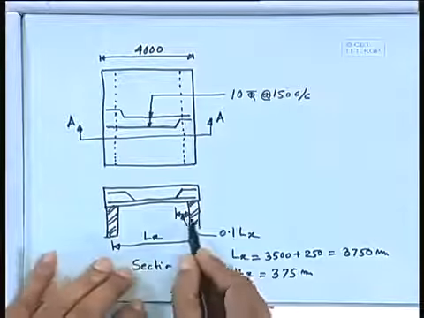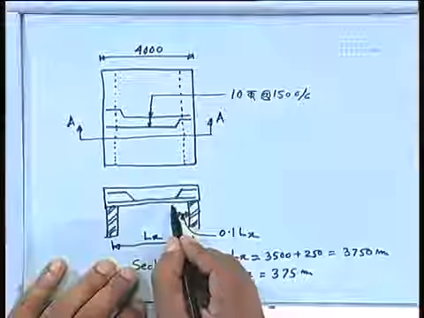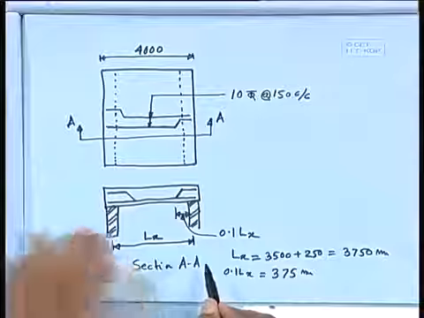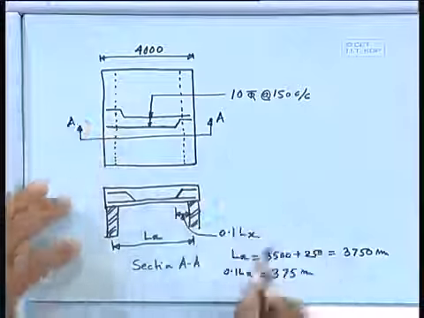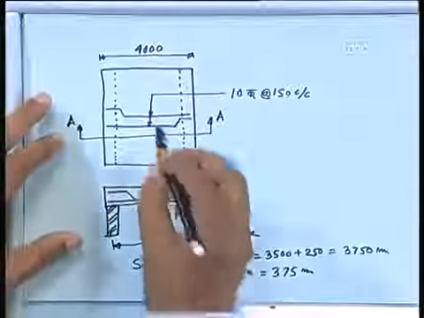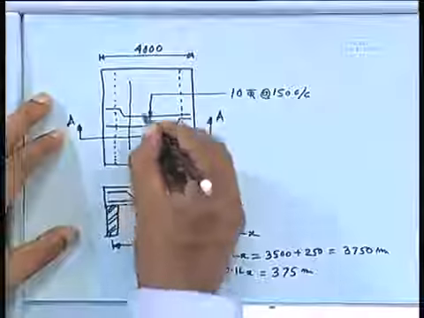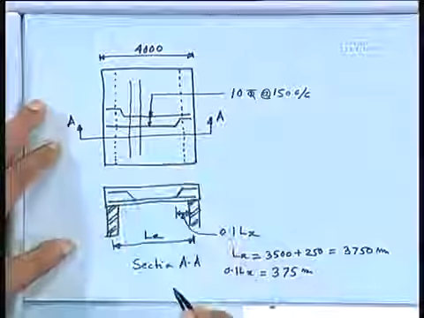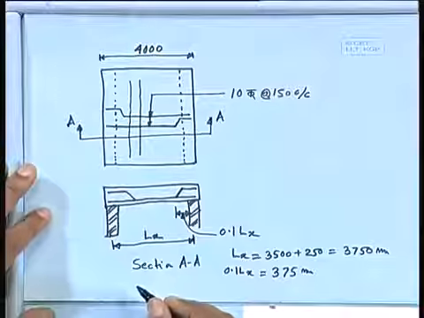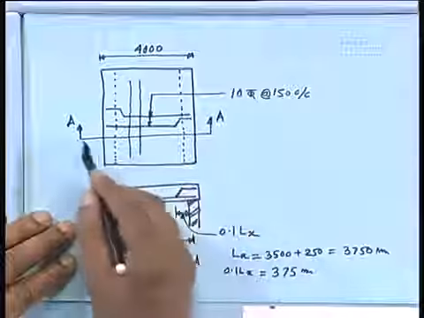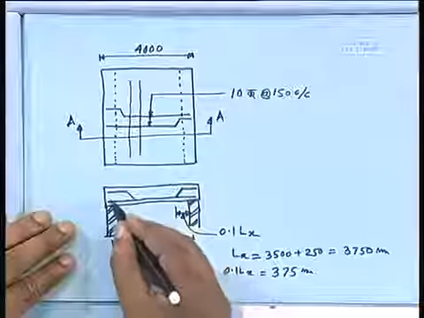So, from the end of the support, you will crank at 375 millimeter, and both sides you will do it like that. But we have to provide the distribution steel also, like this. If we provide the distribution steel, since you are cutting this section, we shall get it like that.